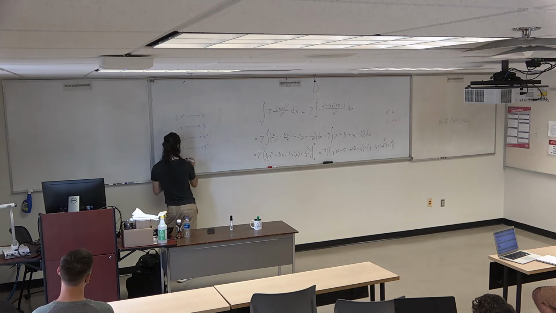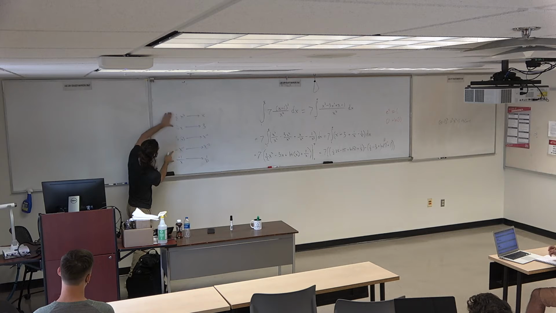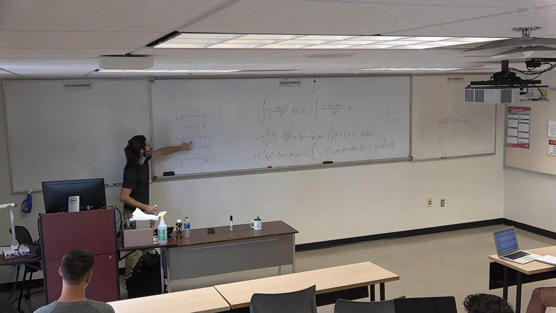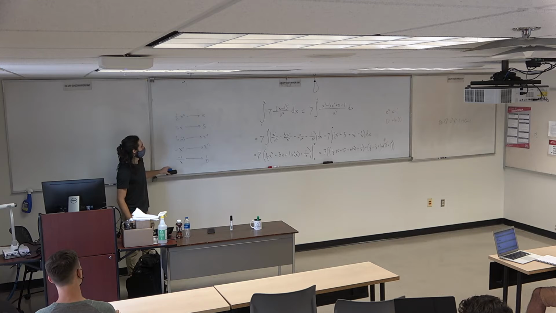Or another way of saying it would be like that. So these are all the power rules, same power rule the whole time. There's only a single exception, which is right here, right? When the power is exactly that. Okay. Any questions on that problem?